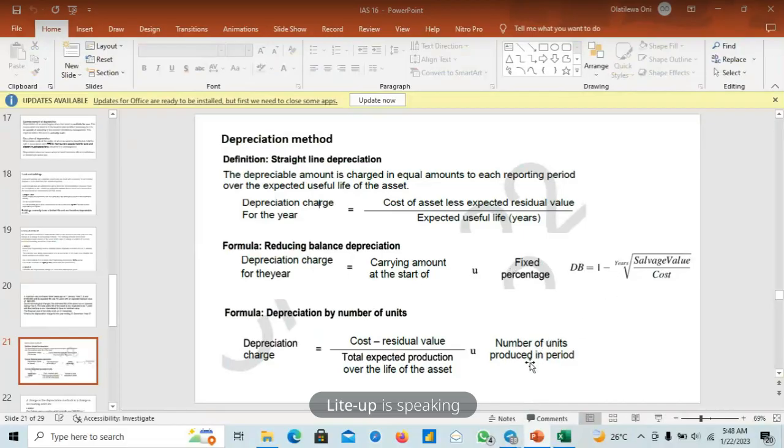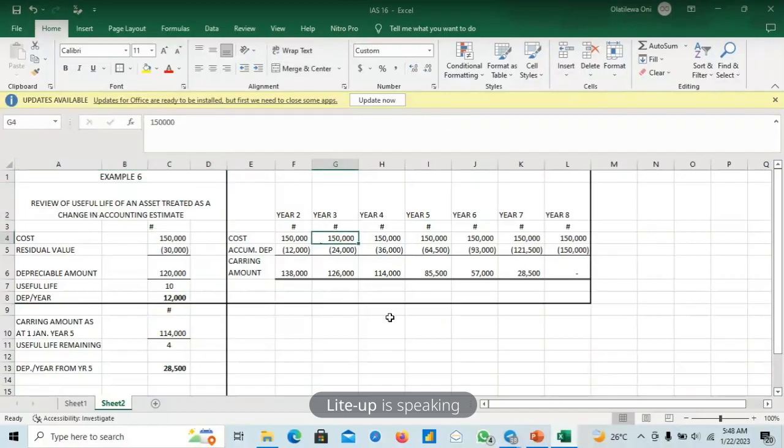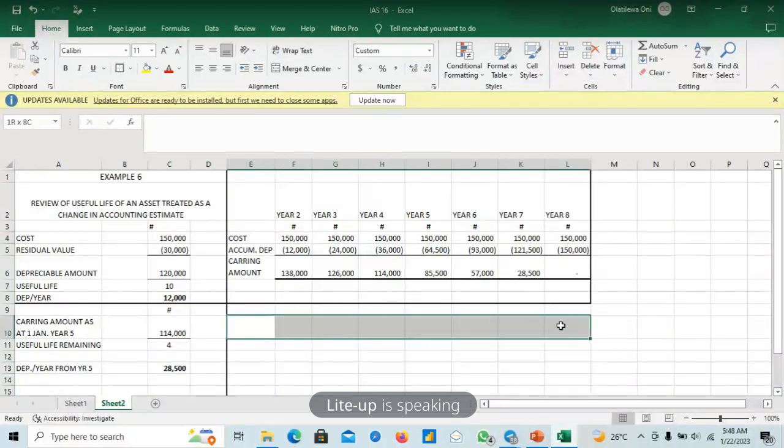So what I want us to do now is just to take an example. We will use the previous example we used for the straight line method, at least for the first 3 years, to do the reducing balance method of depreciation, just in case we have forgotten.